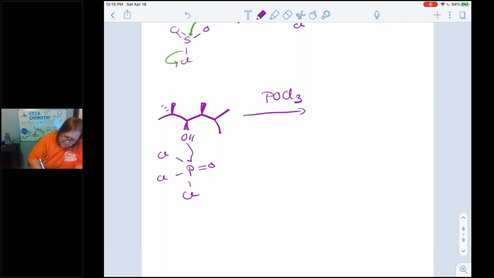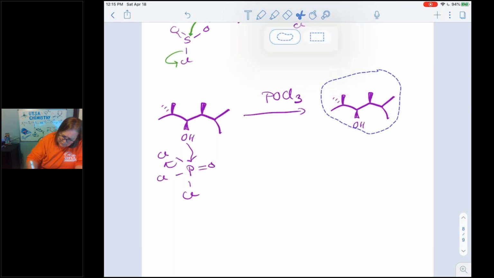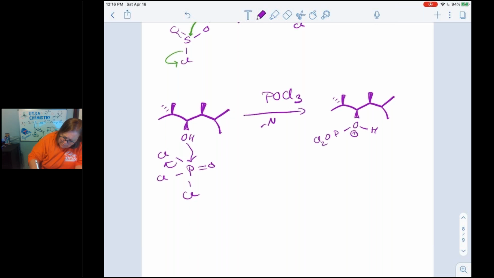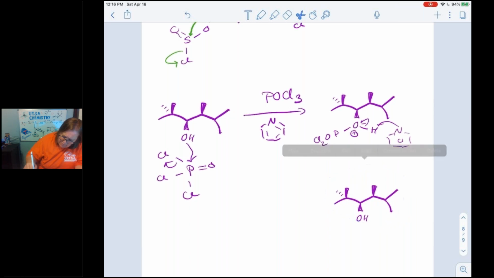So again, the mechanism is very similar in all three of these. Nucleophilic attack, formation of an intermediate species, and we're always going to kick off the halogen. So here I'm going to have HPOCl2 with a positive charge. I forgot my pyridine, and that's important for the mechanism because pyridine will then come in and do a deprotonation step. Okay, and now I'm left with this.